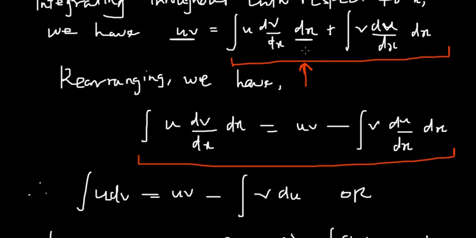Making the entire integral of u dv dx the subject, we end up with the integral of u dv dx dx equal to uv, multiplying u by v, and then you subtract, because when you move the entire expression to the left hand side, it becomes negative due to the positive sign. Now we have the integral of v du dx dx.